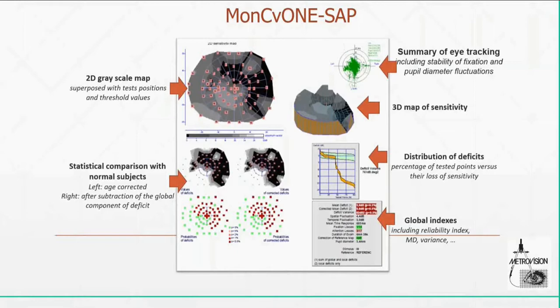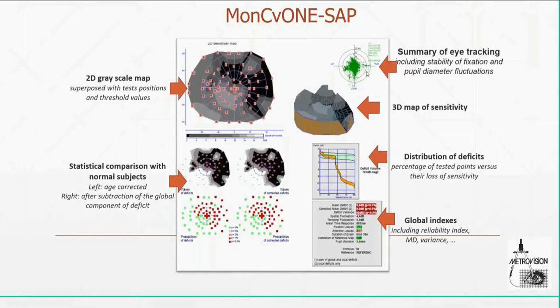It's not exactly matching the Humphrey gold standard, but for those who have a flexible mind, you will notice it has some similar features, like a grayscale, like a comparison with normal subjects here, like global indexes for reliability and mean deficits or deviation.